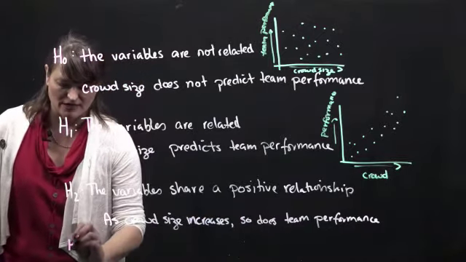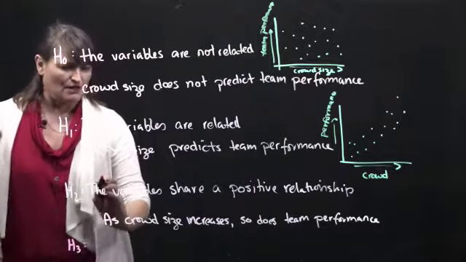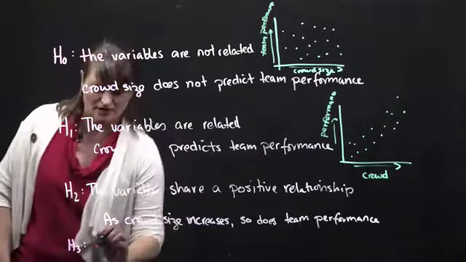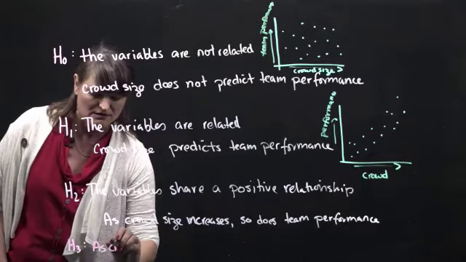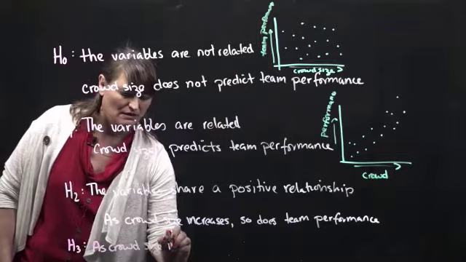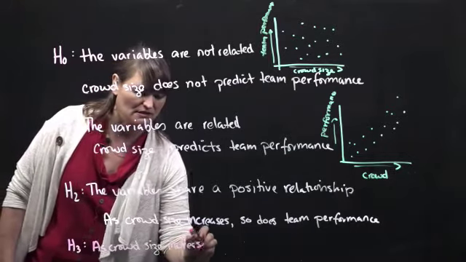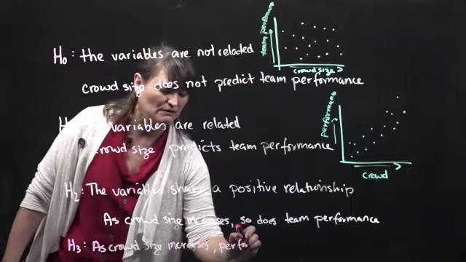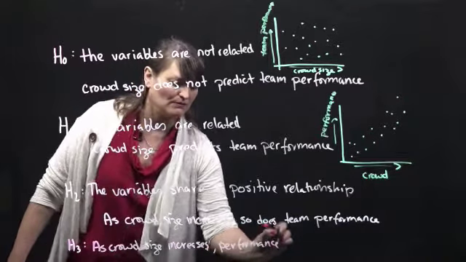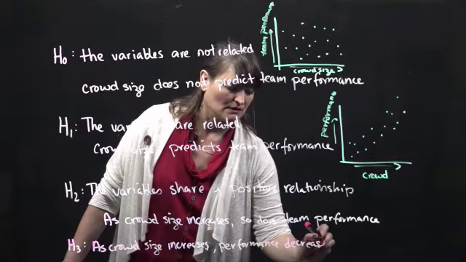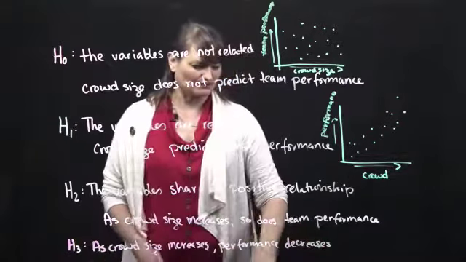We could have a relationship that says the variables share a negative relationship: as crowd size increases, performance decreases.